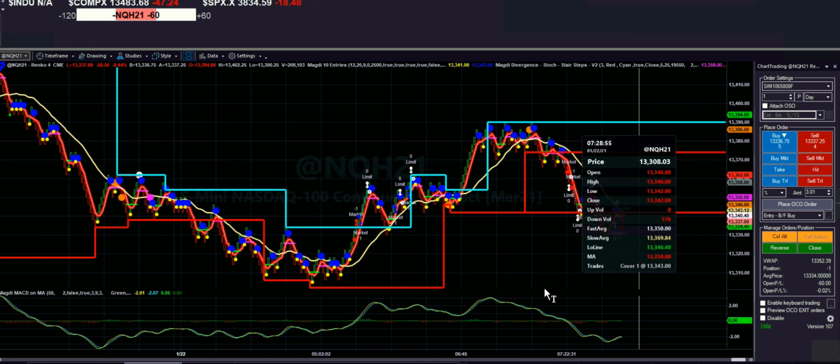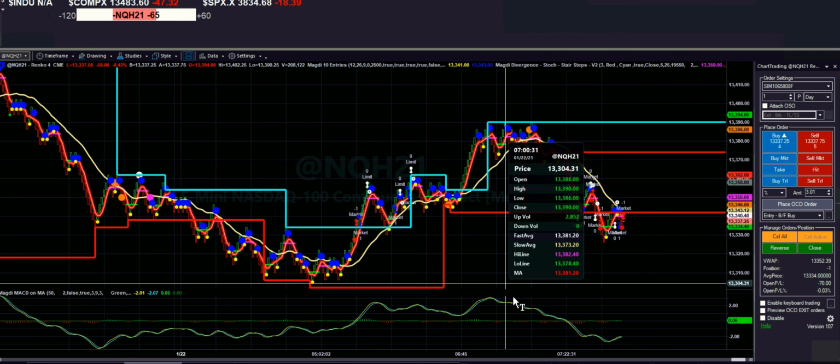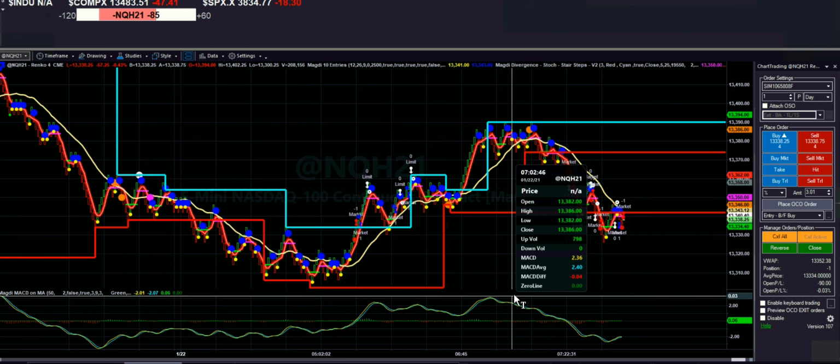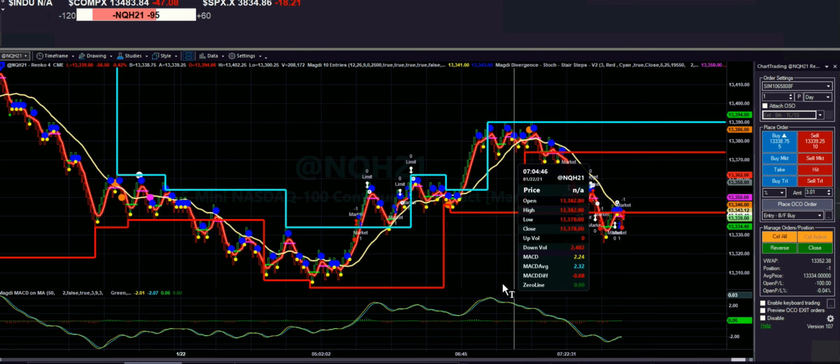So next support resistance right here. Like we said from the beginning, but anyway.